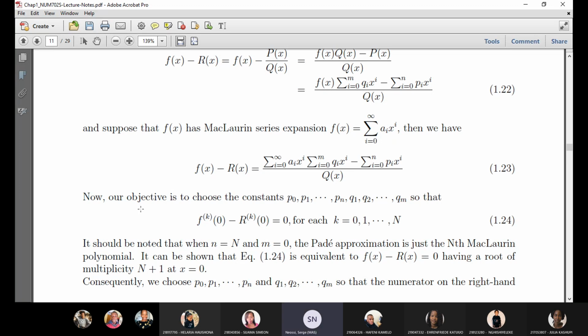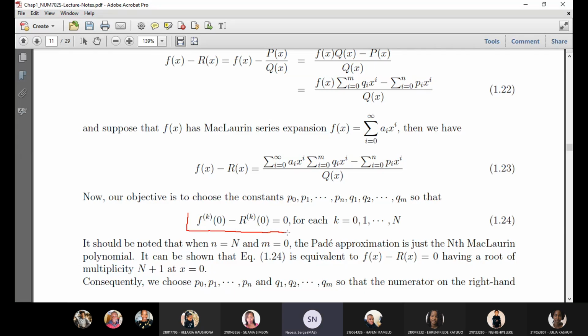I repeat again. This condition is something that we impose. It doesn't mean that it will be true if we differentiate that a certain number of times and at 0. No, we are imposing it in such a way that this will give us a system to determine our coefficients. We impose this condition.